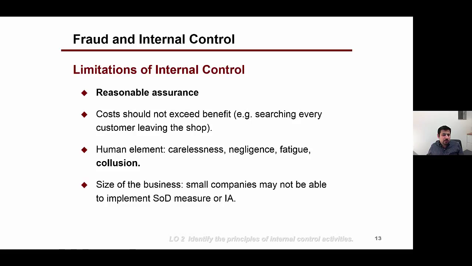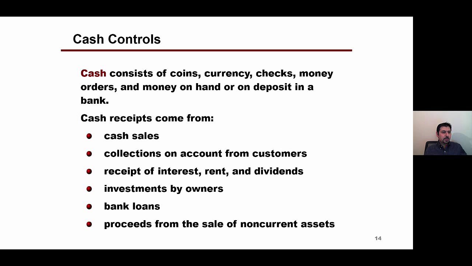Those companies also might be too small to have internal auditors or internal verification, so that would also affect or limit the effectiveness of internal controls. When we talk about cash, we also mean checks, money orders, coins, basically any cash that is on hand. Usually companies receive cash when they conduct business in cash.